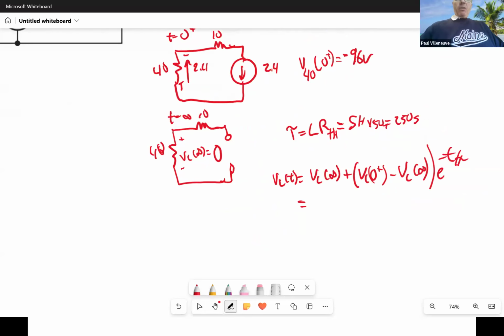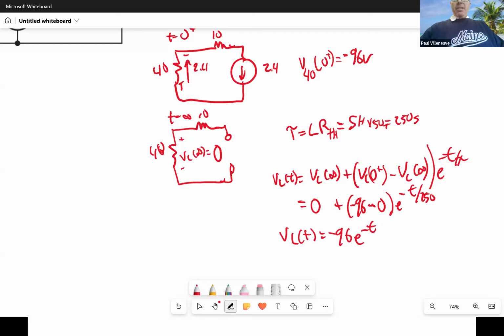That is 0 plus negative 96 minus 0, times e to the minus t over tau, or VL of t is equal to negative 96 e to the minus t over tau.